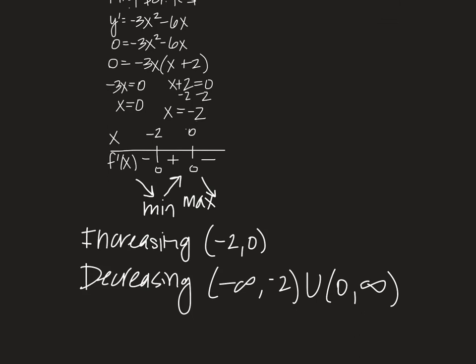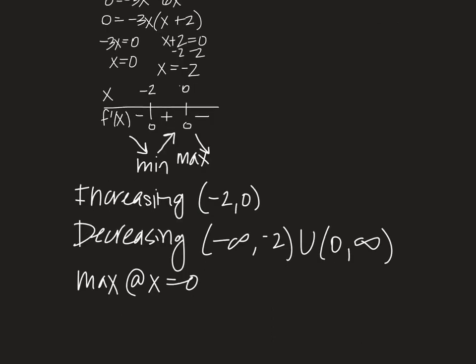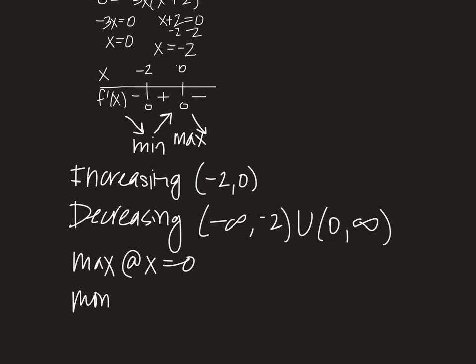So that's my first derivative. Everything we'd be looking for, other than stating that it's got a max at x equals 0, and it's got a minimum at x equals -2.